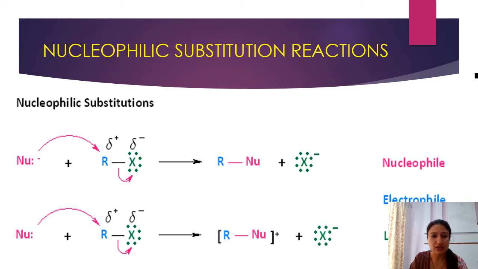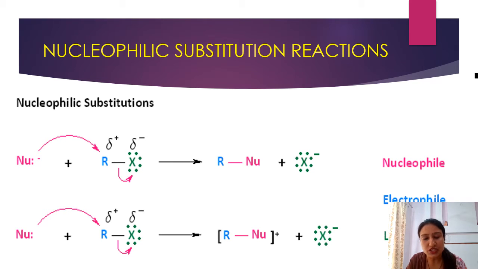As you see here, a nucleophile reacts with a haloalkane, a halogen containing alkane, in which the carbon has a partial positive charge and the halogen has a partial negative charge.